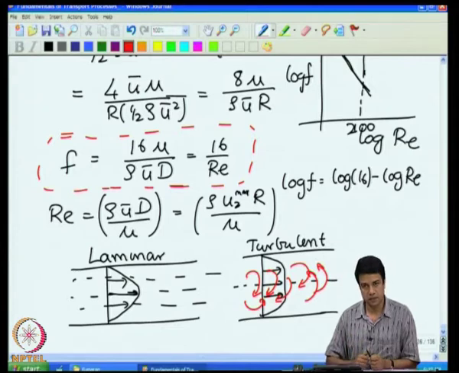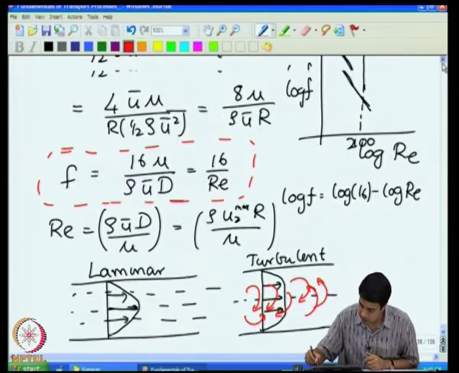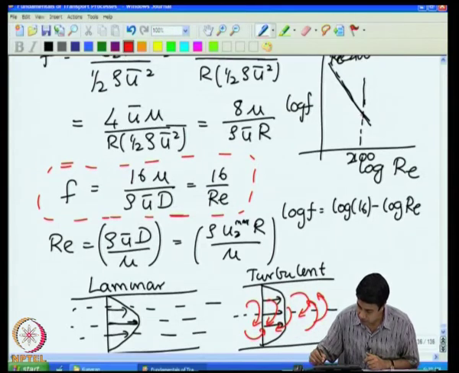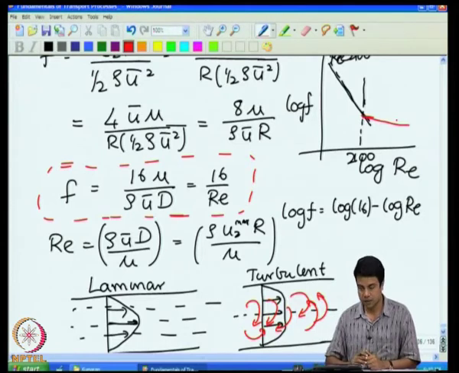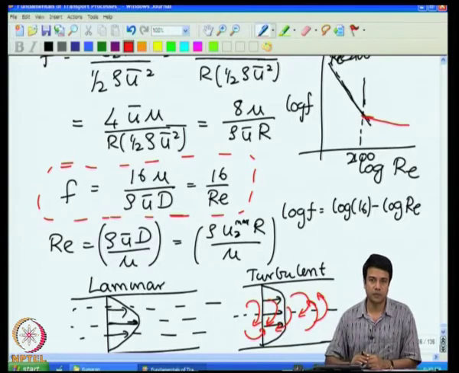Because the efficiency of this transport process is far higher, the stress transmitted is also much larger than in a laminar flow. And due to that, the friction factor is also much higher than what you would expect for a laminar flow. So, it follows the 16 by Re law up to the point at which the laminar flow becomes unstable.